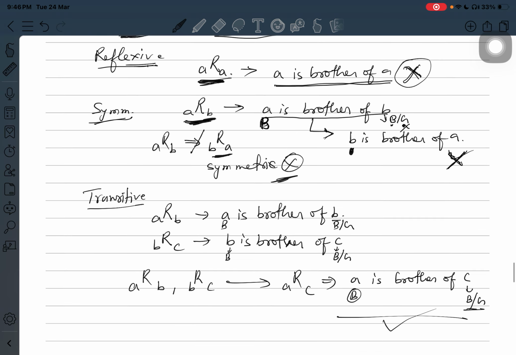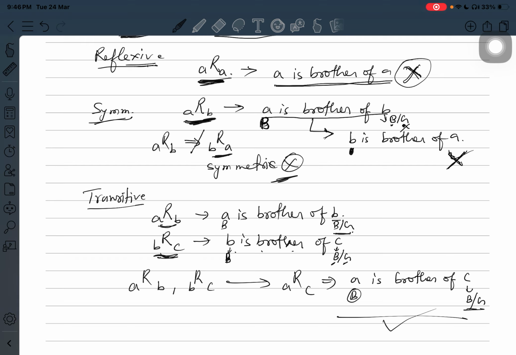But if I go for the transitive, A related to B means A is brother of B. Now I don't know the gender of B. But if I go for B related to C also, it means B is brother of C. It means B should be a boy, then only he can be a brother of C. But I don't know the gender of C now. C can be a boy or a girl.